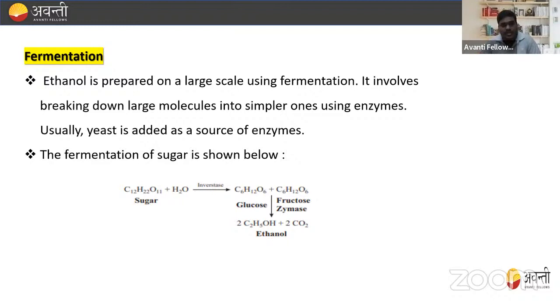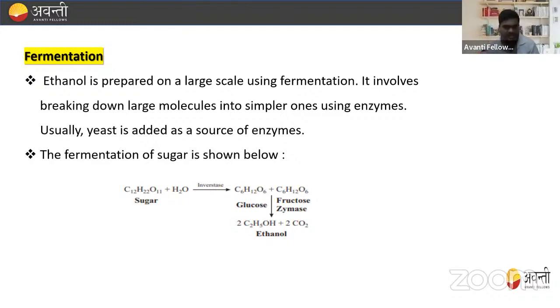It involves breaking down a large molecule into a simpler one using an enzyme, usually. Yeast is added as a source of enzyme. So where does the enzyme come from? Yeast is added, which acts as a source of enzyme. The fermentation of sugar is shown below.